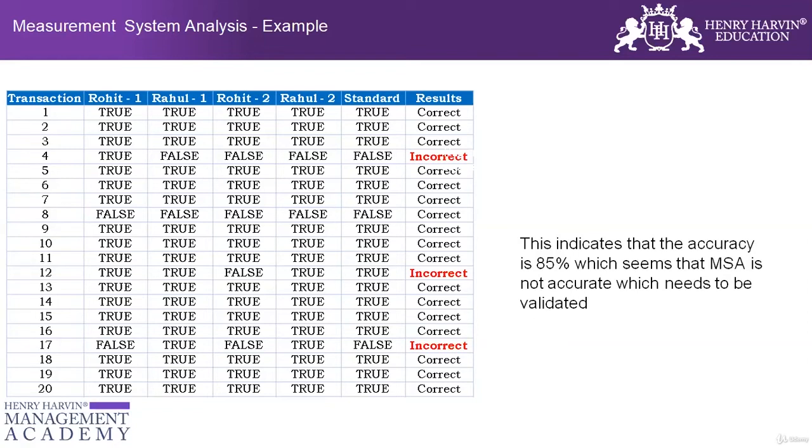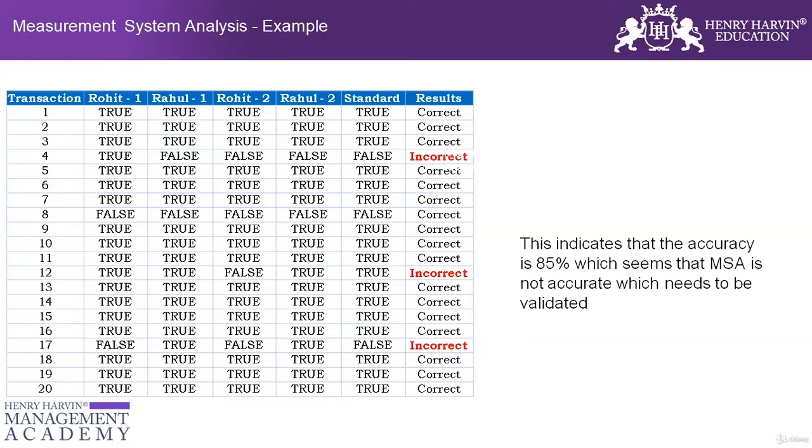So with the help of Minitab, first we can see what my current level of MSA is, whether it's 90% and above. Second, it tells me which operator has an issue for calculating MSA. So let's say if Rohit comes out to be a defaulter, then probably I would replace Rohit with somebody else and redo the MSA.